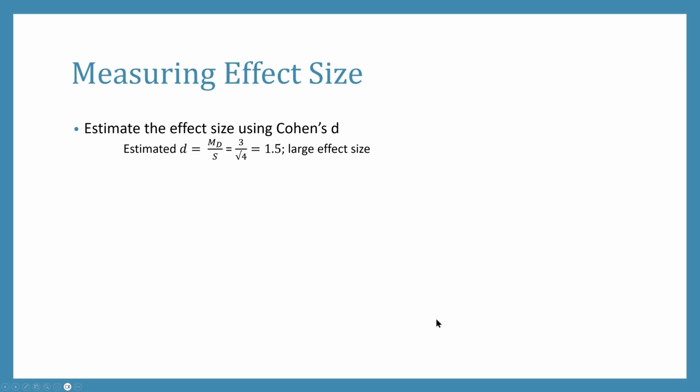So we are doing kind of the same procedure. The mean difference here, again, is the average of the difference within each participant. So the estimated Cohen's d would be the mean difference, 2, divided by the standard deviation. So we would have like a 1.5, which would be a very large effect size.